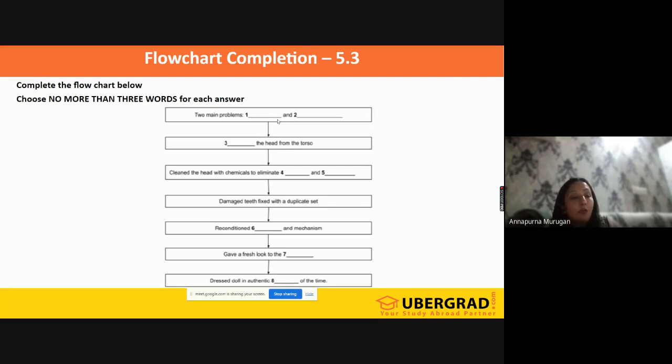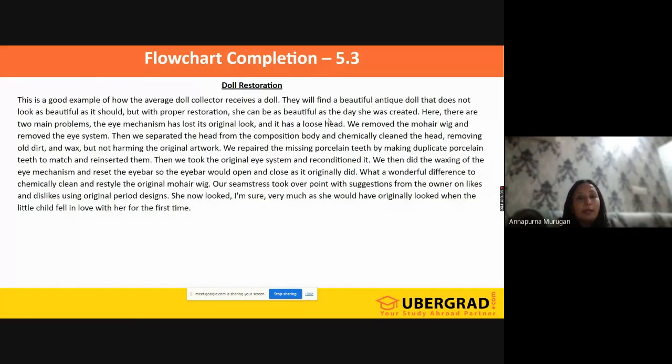Now what are they asking here? Two main problems, dash and dash. Now I want everyone to be in active mode. You need to tell what the two problems are that they have described here. Go through this paragraph, where they are talking about this. Because we have only one paragraph, that means we have picked the paragraph where they are talking about this.